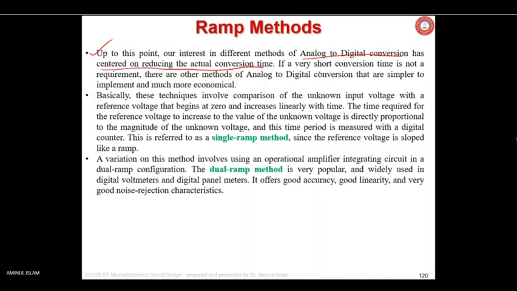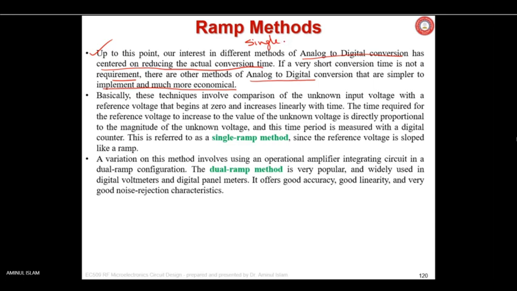If a very short conversion time is not a requirement, there are other methods of analog to digital conversion which are simpler and implemented much more economically. I mean to say single slope is considered very simple to design and it is less costly.